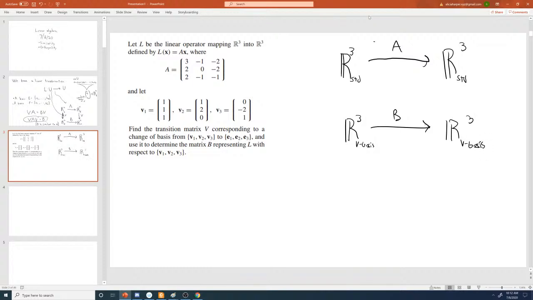So here's what we have to do. We have to understand how we can change basis between the V basis and the standard basis.